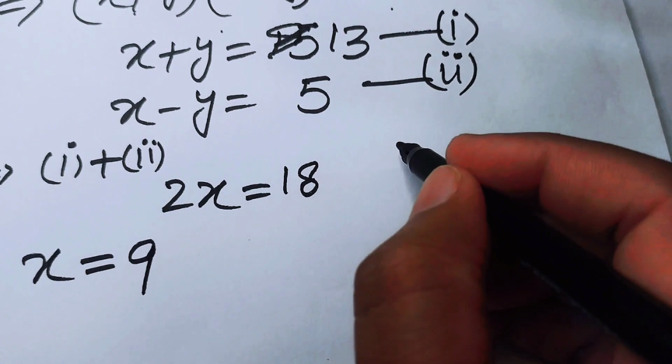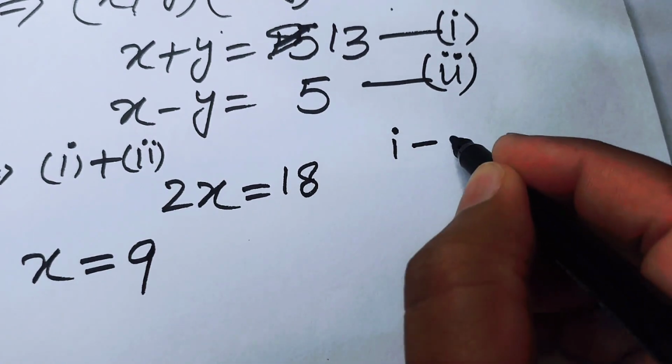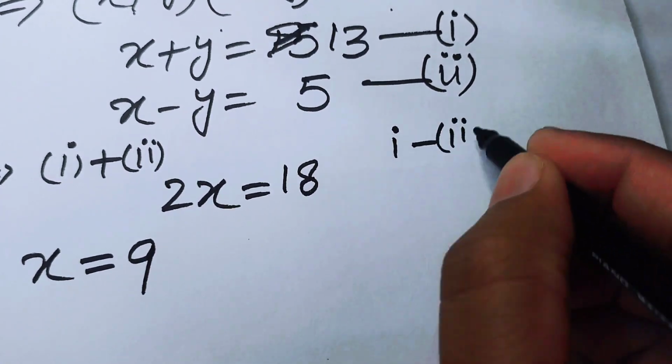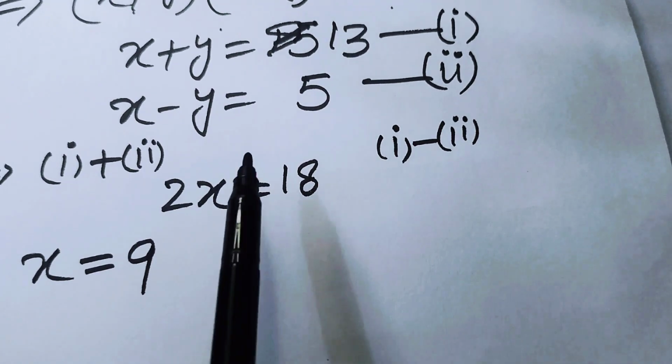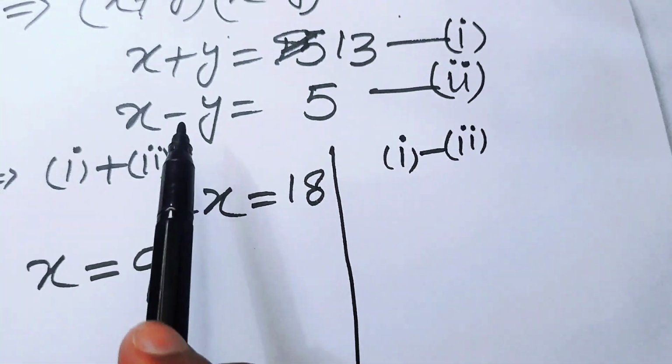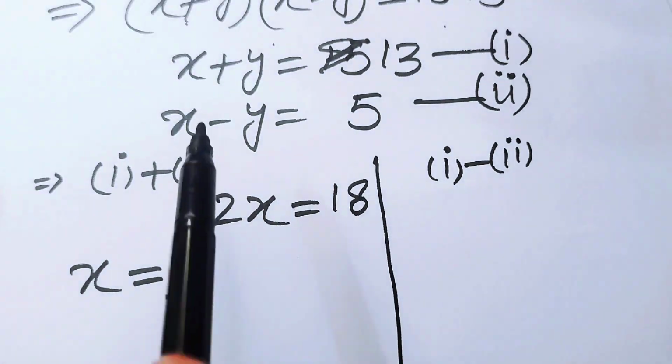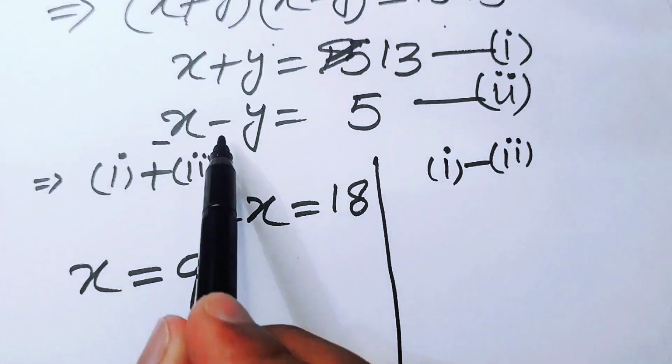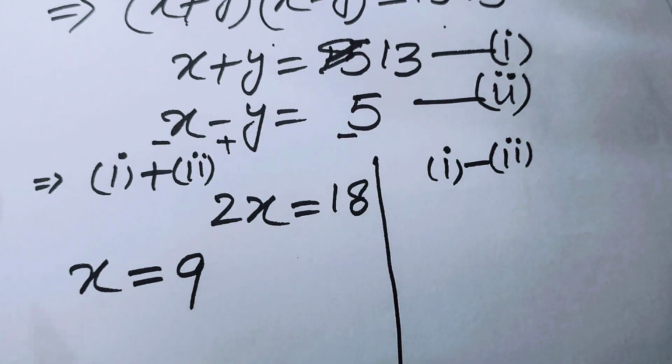Similarly, you can subtract these two equations. When we subtract equation number 1 by equation number 2, it means that the sign of the equation will be changed.